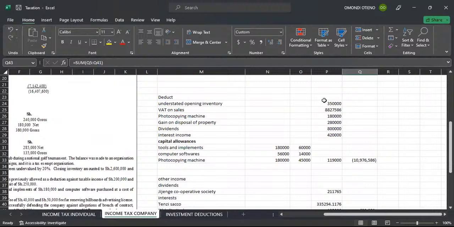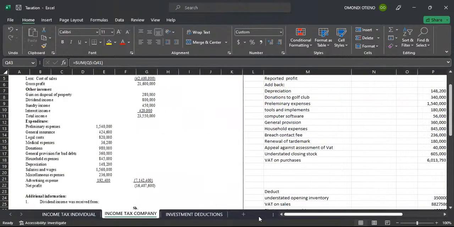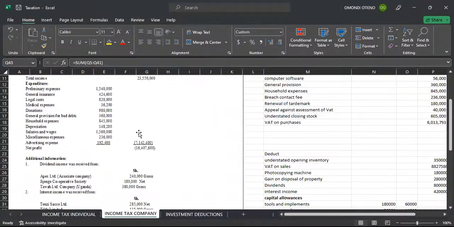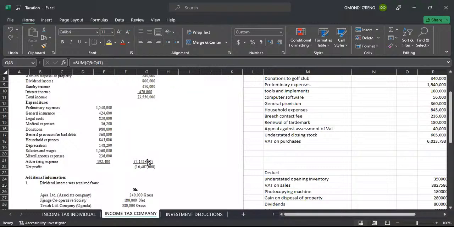So that is what we have there as the taxable income, but I've seen there's a mistake somewhere here. 23,550 minus 71,42,400.